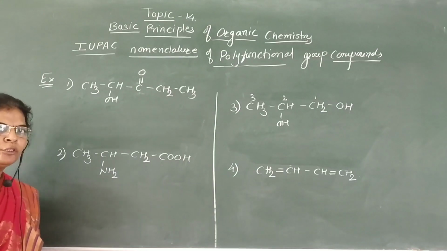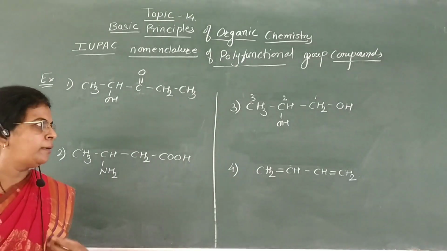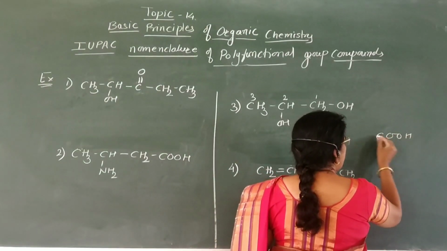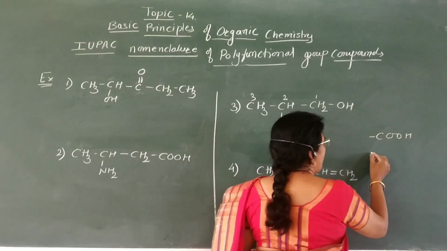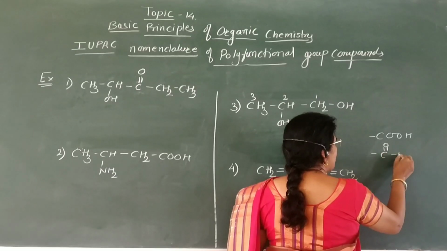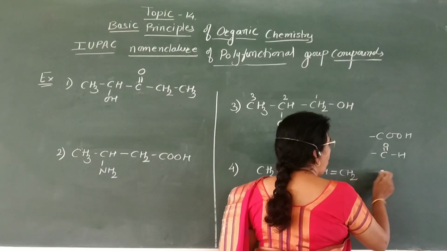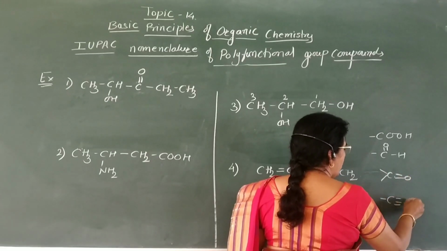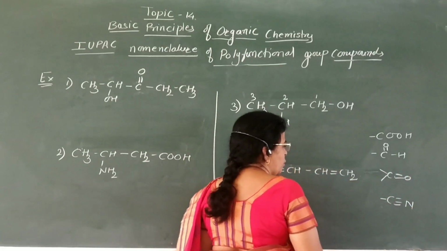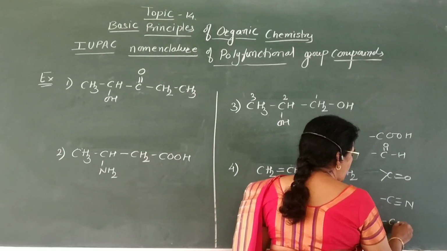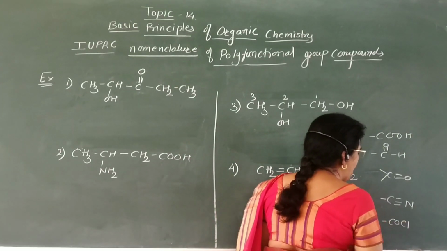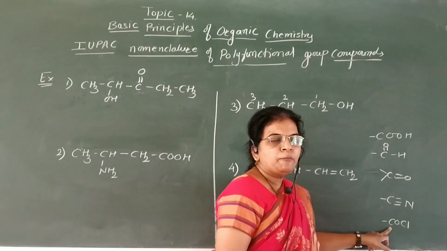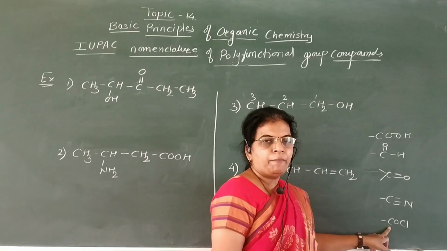Now some functional groups possess carbon atom. For example, COOH, this is carboxylic acid group. Then CHO, aldehyde group. CO group, that is ketonic group. Or C triple bond N group, that is cyanide group. Or COCl, acyl chloride group. Now here there is presence of carbon atom. Therefore, these functional groups are taken as a principal functional group.